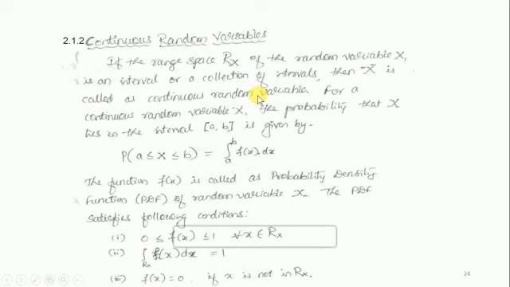Here we have the range space of x, which is called Rx, for the random variable x. We will call it continuous when x is in an interval or collection of intervals.